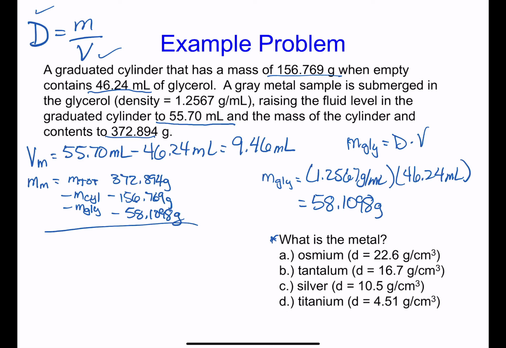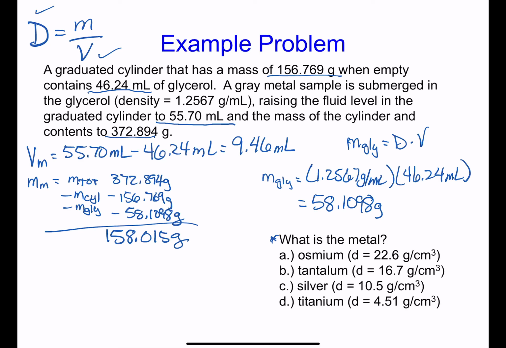So now we can determine the mass of just our metal by subtracting these two masses from our overall mass. When we do that, we get 158.015 grams.